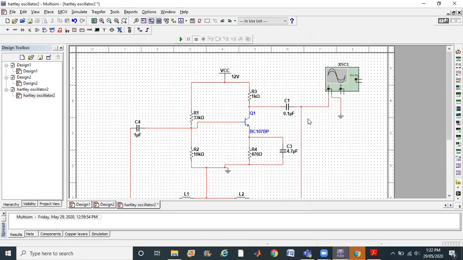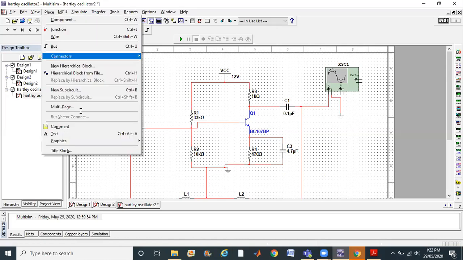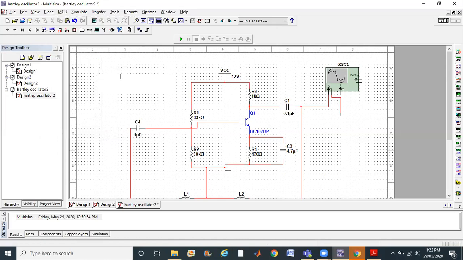Okay, now it's done. Students, I'm ready with the circuit. Then I'll place a text here to write Hartley oscillator.